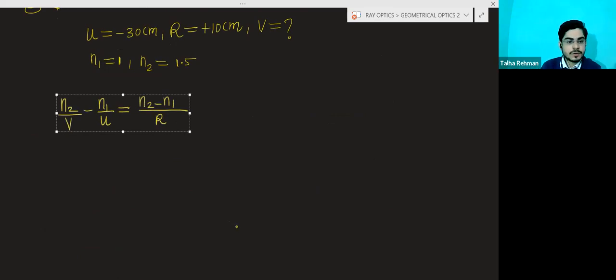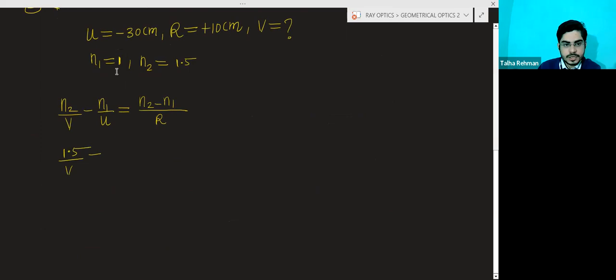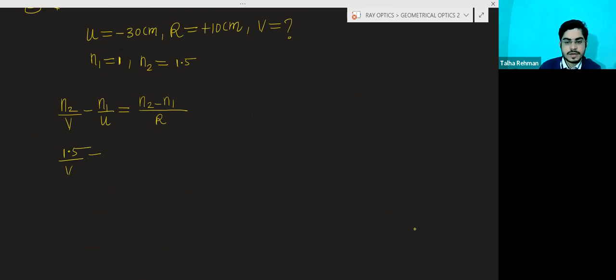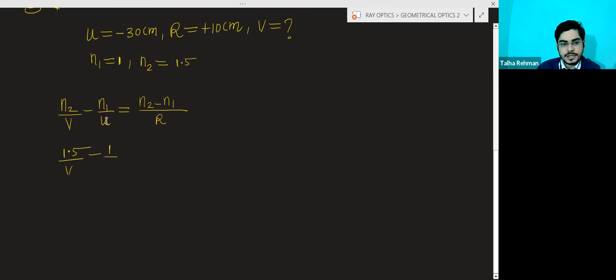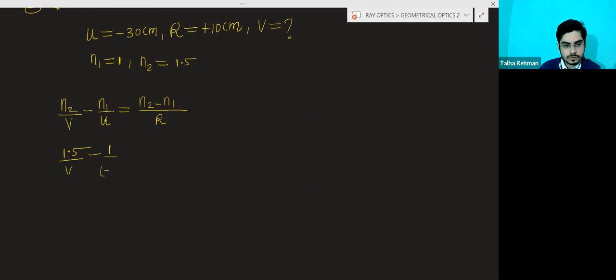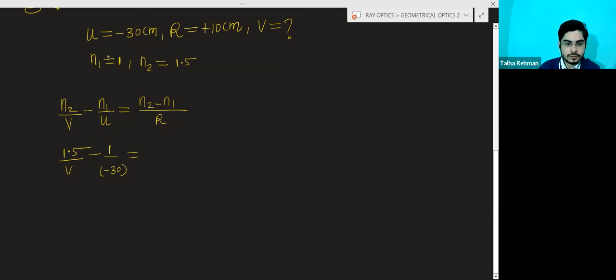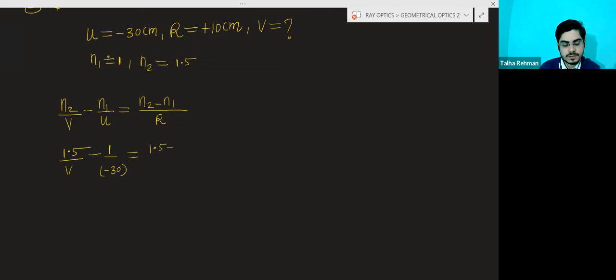So n2 is 1.5, and v we have to find, minus n1 which is 1, u is minus 30, is equal to n2 minus n1, that is 1.5 minus 1, divided by r. r is 10, or you can say plus 10.